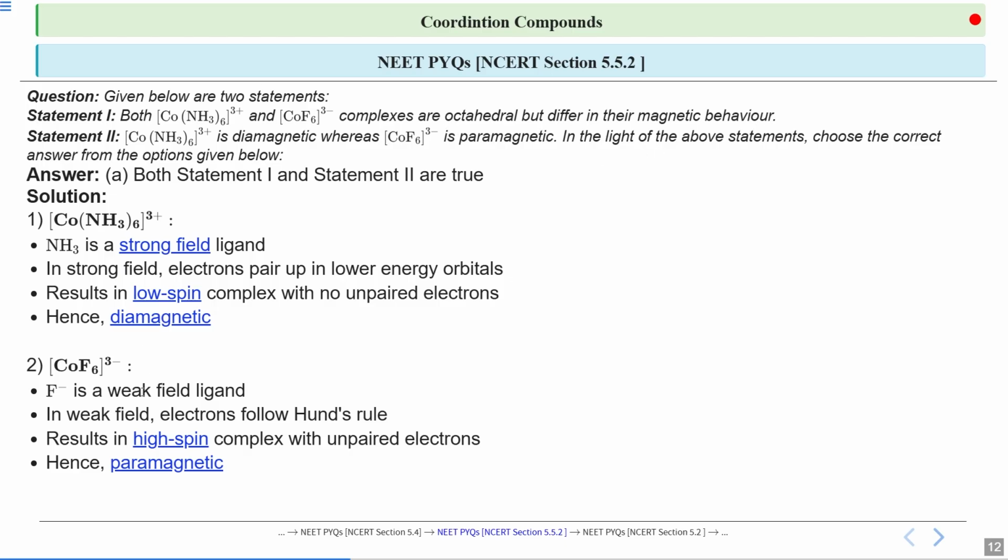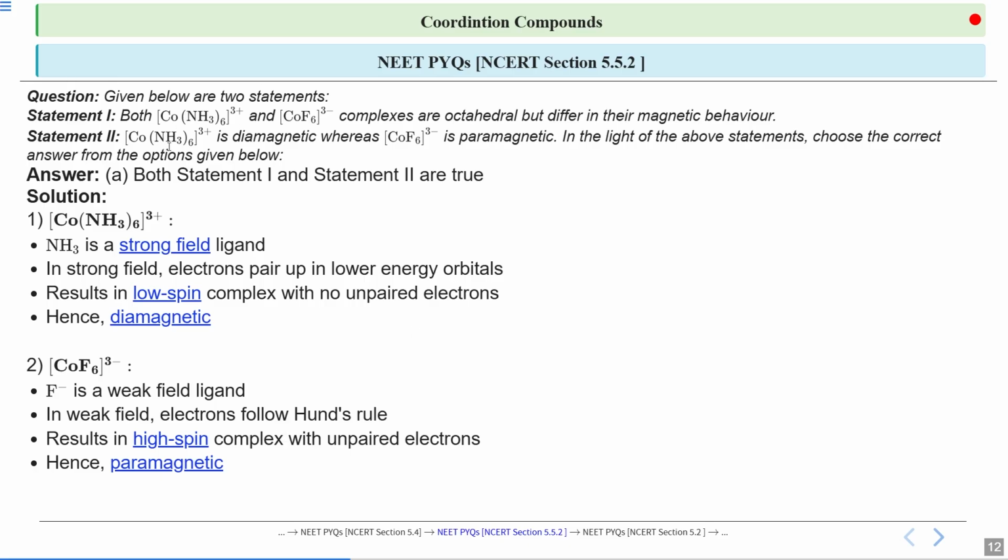So yes, the magnetic behavior is different, and other than that, the coordination number is 6 in both the complexes, right? So both can be octahedral. Statement 2 says that the first ammonia ligand complex is diamagnetic. It is also correct, it is diamagnetic because there is no unpaired electron. Whereas the second complex of fluoride is paramagnetic. This is also correct, this is paramagnetic with unpaired electrons.